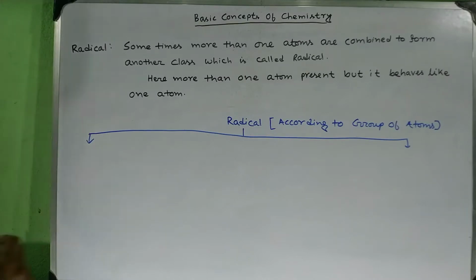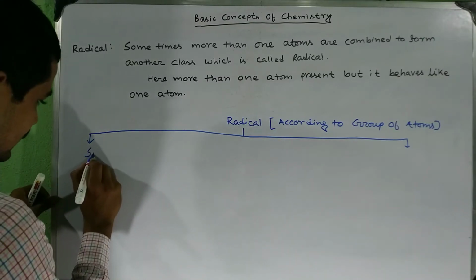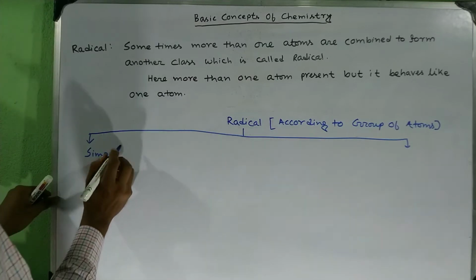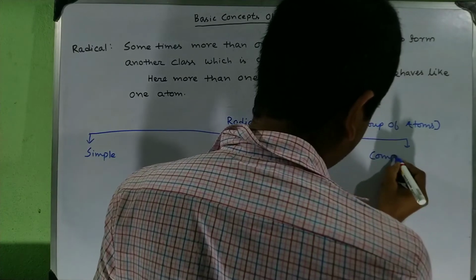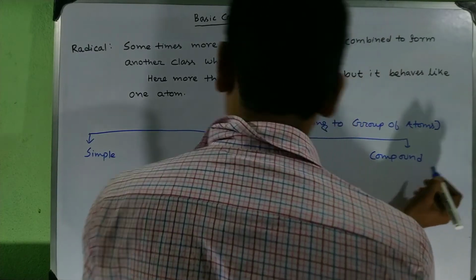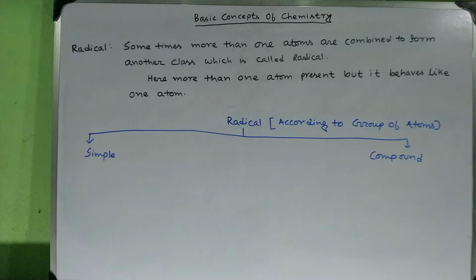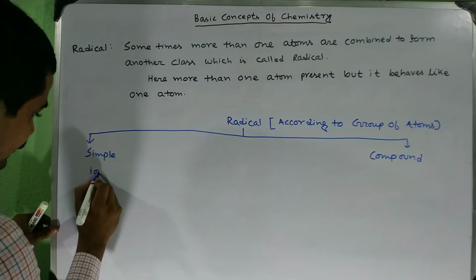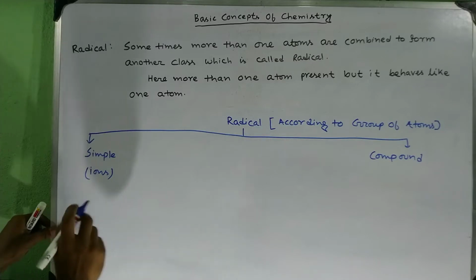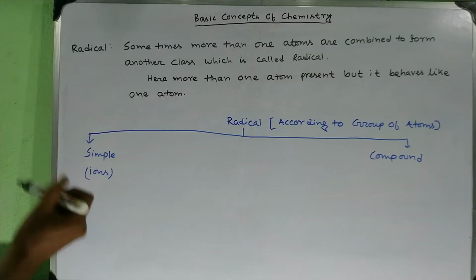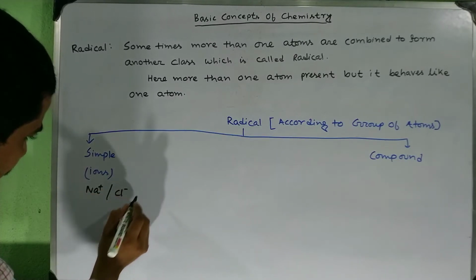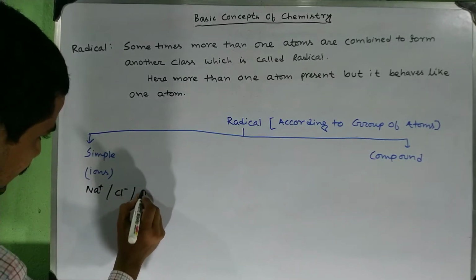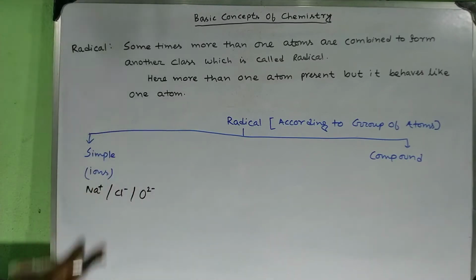One is simple radical, another is compound radical. A simple radical example is what? Any type of ions. For example Na plus, Cl minus, O2 minus; they all are radicals of simple type.